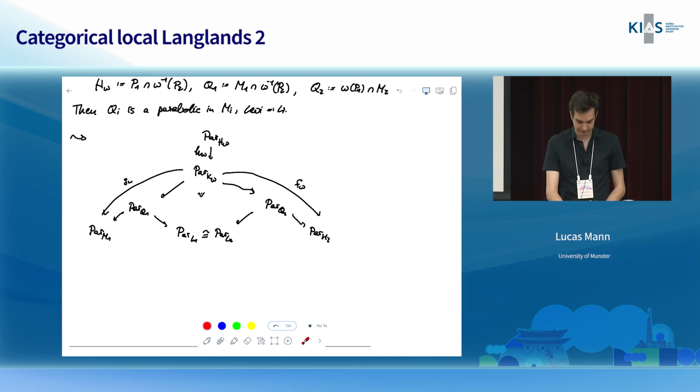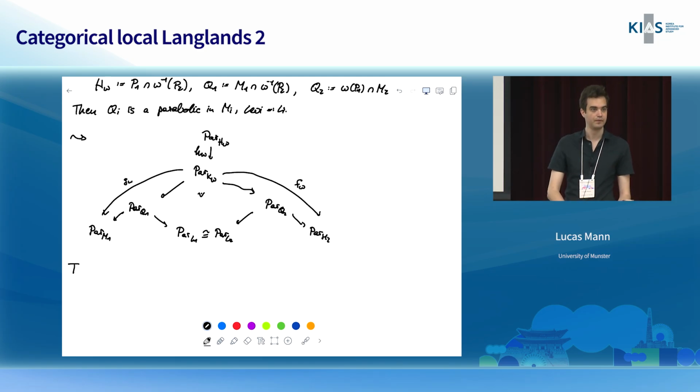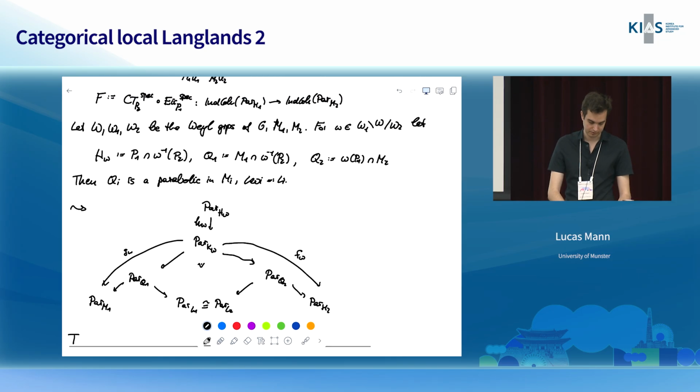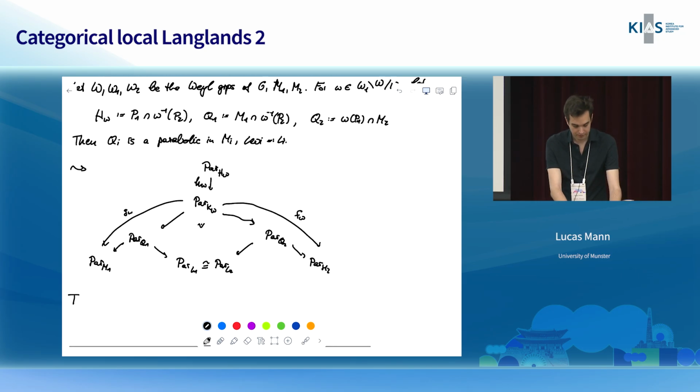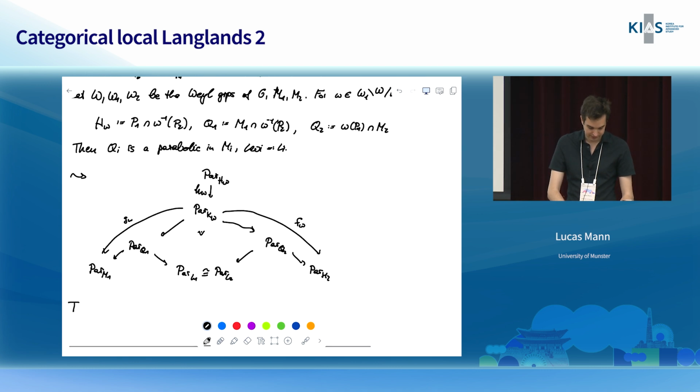Okay, and now comes the statement. Sorry, for the definition of these groups, do you need to choose a representative of W? Yeah, probably. I guess I choose a minimal length representative. I haven't defined KW. So one way to define KW is it's the one that fits in here.